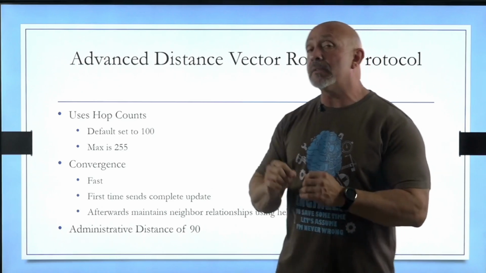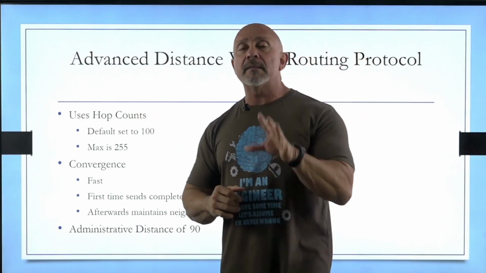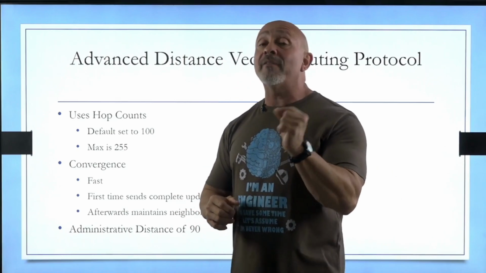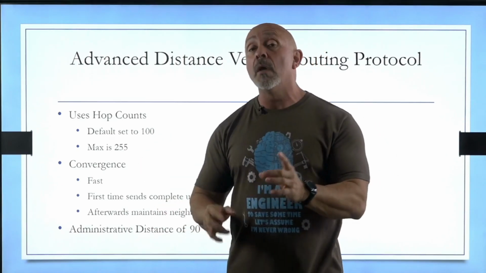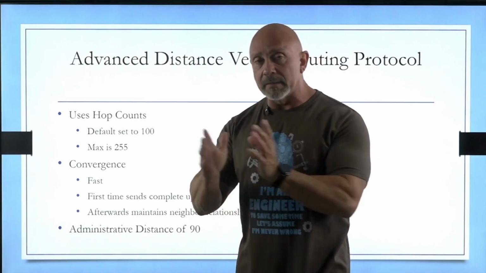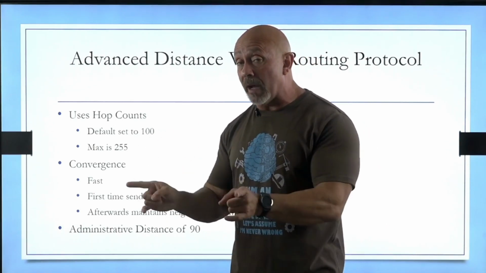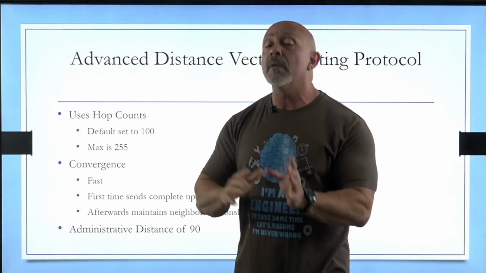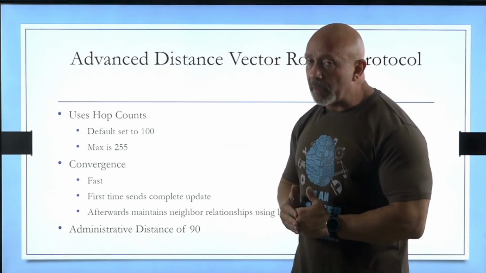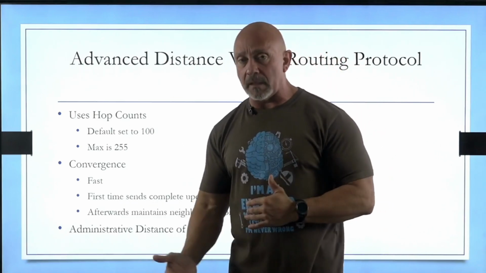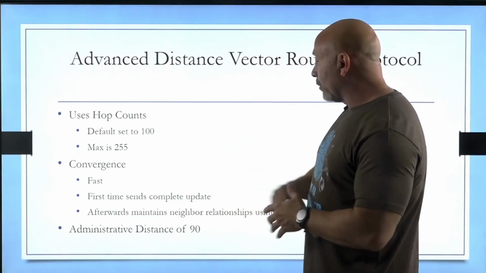One thing to say about these hellos saying, hey, I'm still here, is the fact that they don't have to be the same. As with OSPF, the hello intervals and the dead intervals must match their neighbor router. In EIGRP, that's not the case. But that's how they maintain their neighbor relationship, their adjacency with their neighbor router.